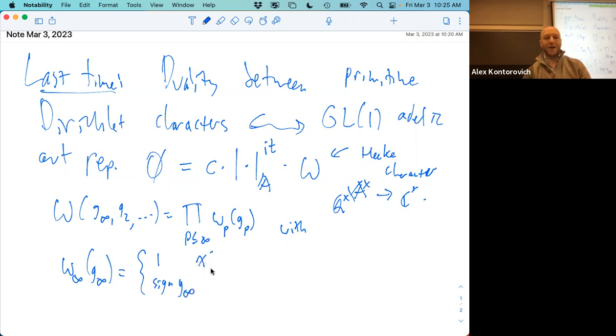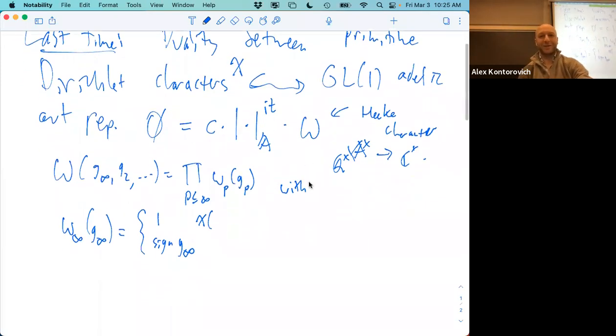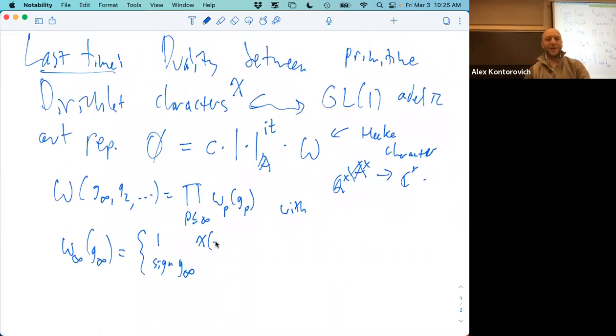This is how you get from a Dirichlet character to a GL1 automorphic representation. Last time we went the other way, but I'm claiming there's this duality between them. If the character is even, then you just don't do anything. If it's odd, then you put the sign at the infinite place.